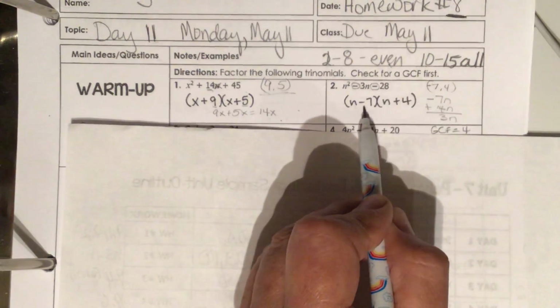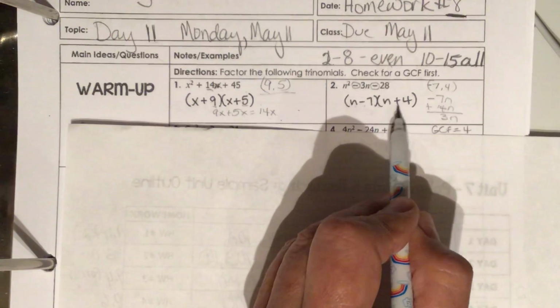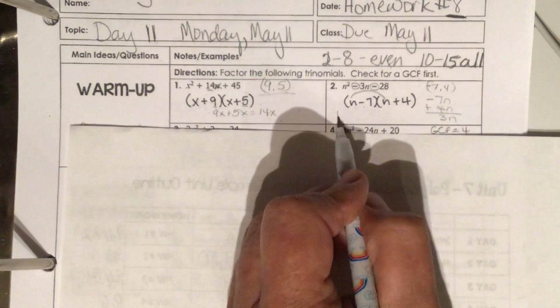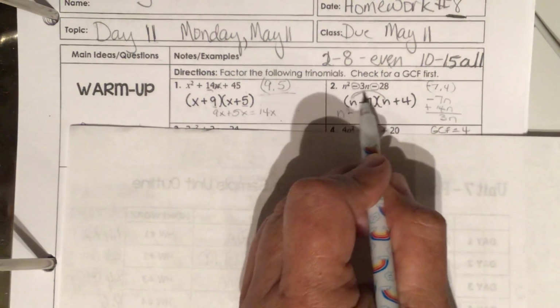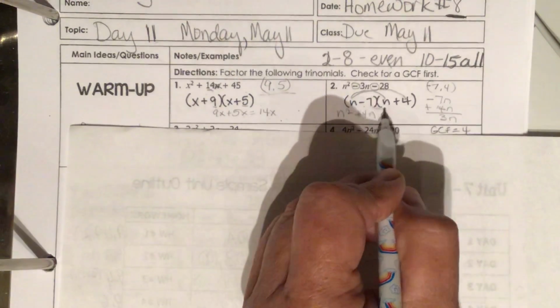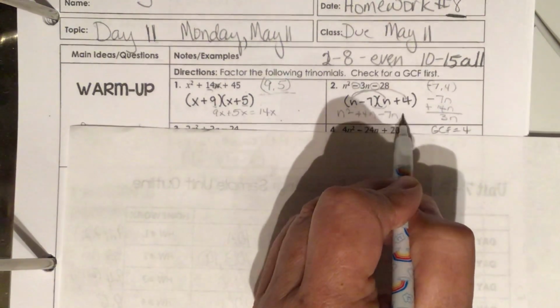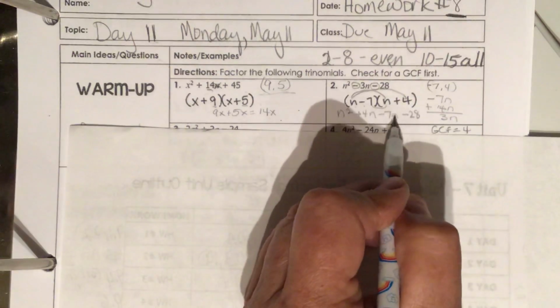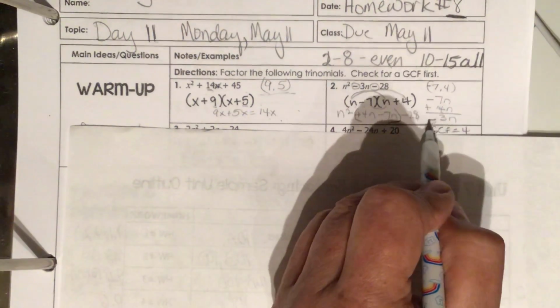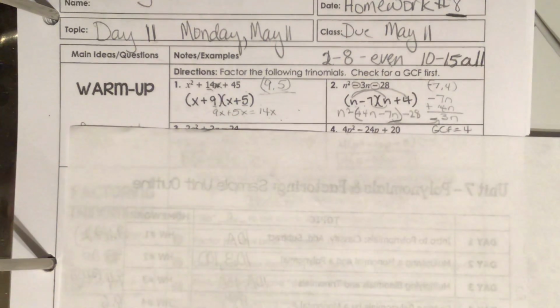So it's n minus 7, n plus 4. And remember, you can check that by going n squared plus 4n minus 7n minus 28. When we put these two together, that's going to give you your negative 3n. So it's very important that you do that.